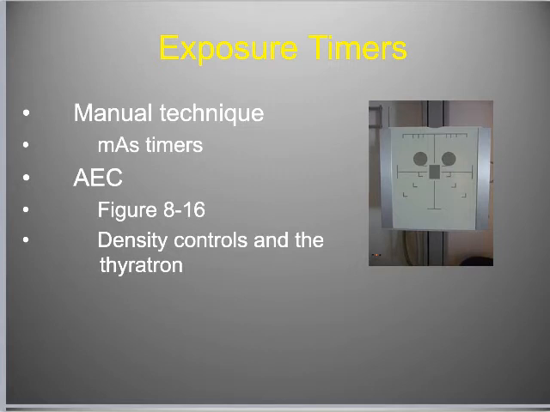I can tell the capacitor to be bigger or smaller, and that controls the length of time of the exposure. So that's what we call density controls. They're linked to a thyratron. If you've ever seen the tech kind of bumping up the density controls on the AEC, that's what they're doing. They're controlling how this capacitor is working that's receiving information from the ionization chambers. So I would review that information closely. It's a separate circuit, but it's connected to the X-ray circuit.